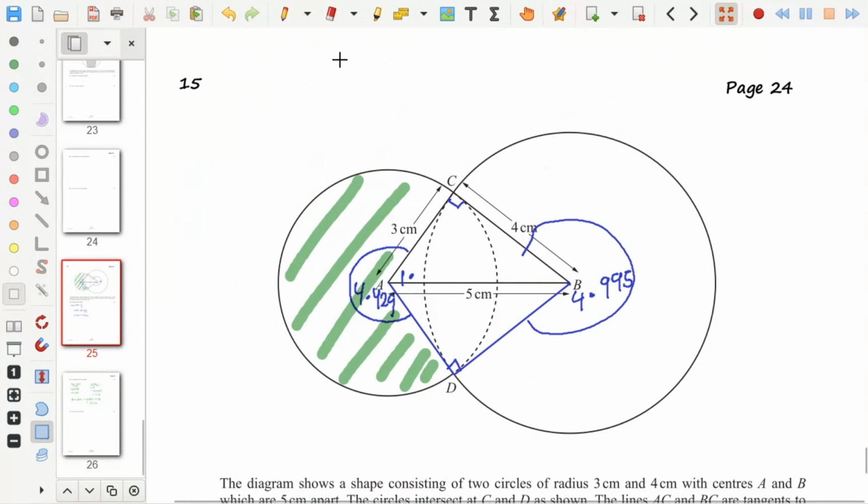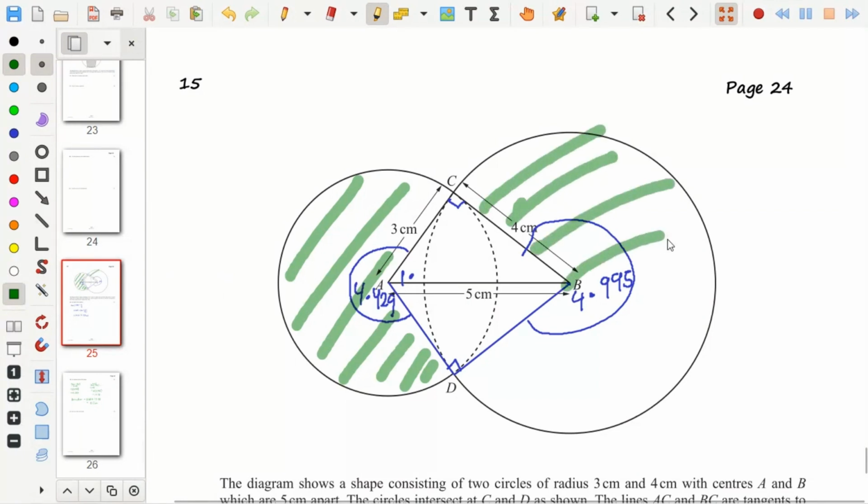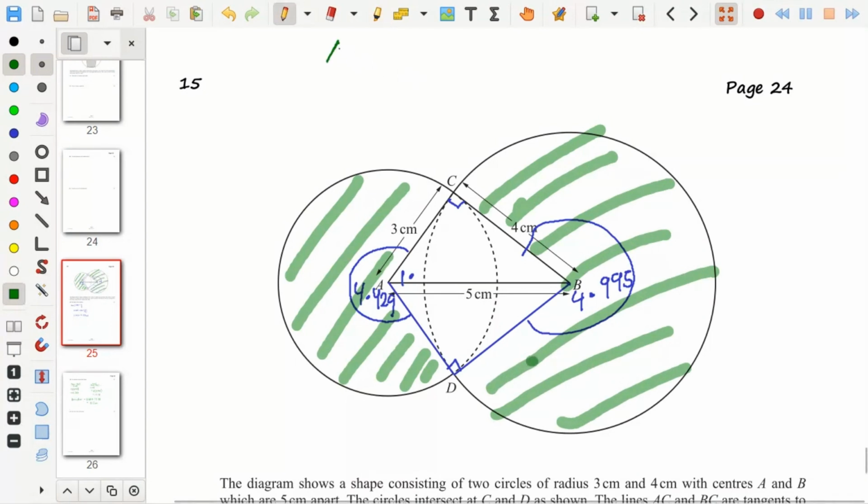Let's come to the big guy here. That's another sector. Can you see? So area of sector. I don't want to use the word major, because there's also another sector here, which is a minor sector.